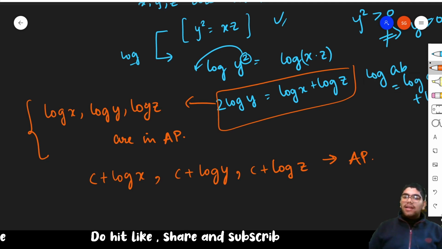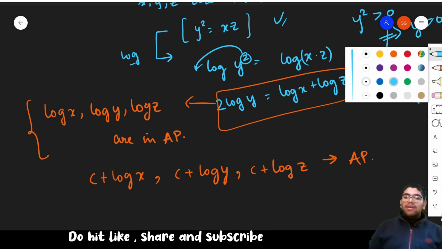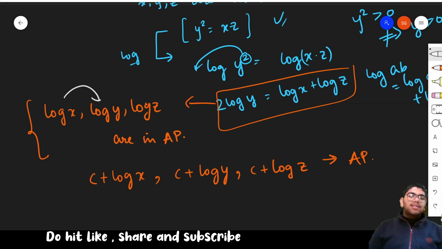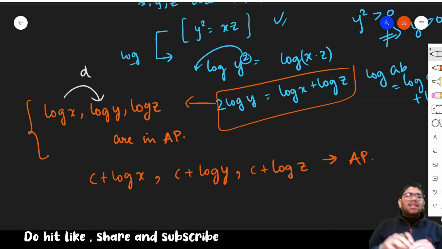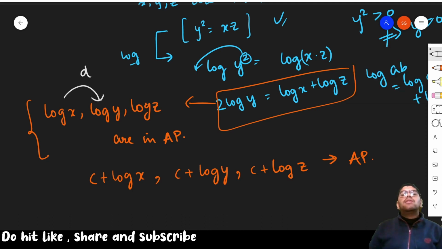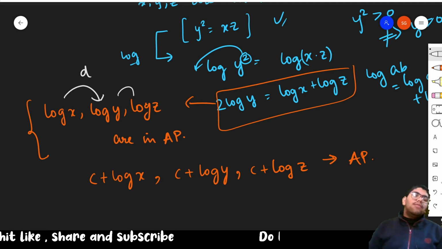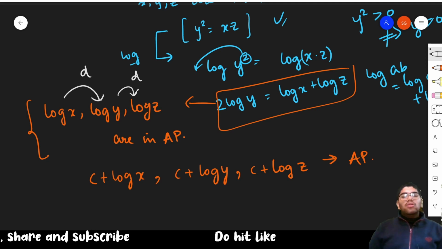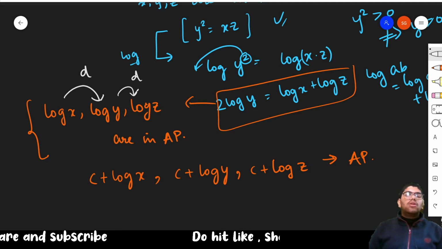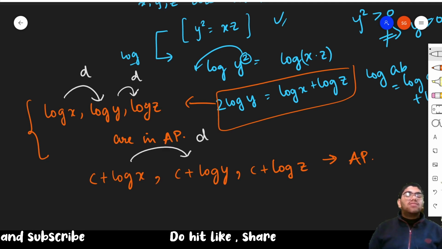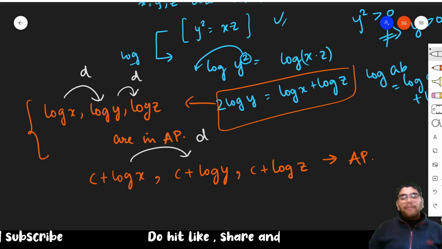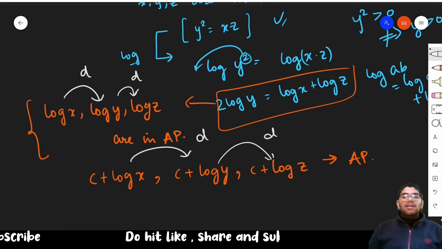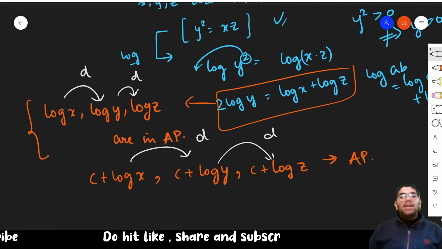Let me give a rough idea of this statement. Let's say the common difference between log x and log y is d, and the same will apply over here since it is an AP. So c plus log x and c plus log y, if I still take the difference, will still come out to be d, and hence here as well the difference will come out to be d.